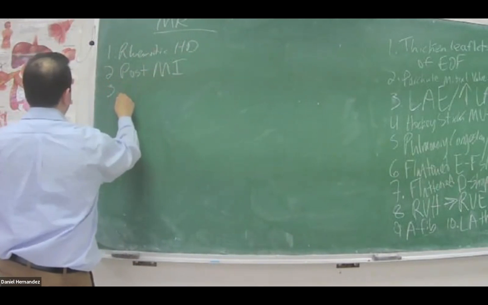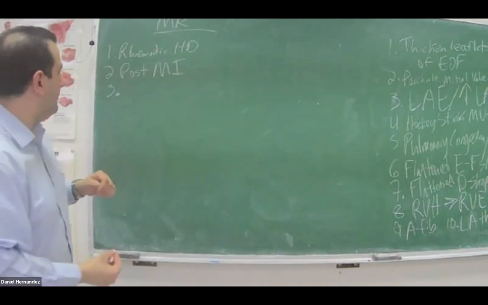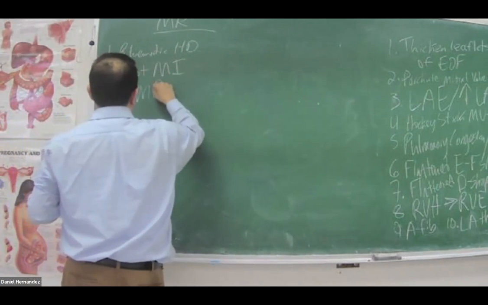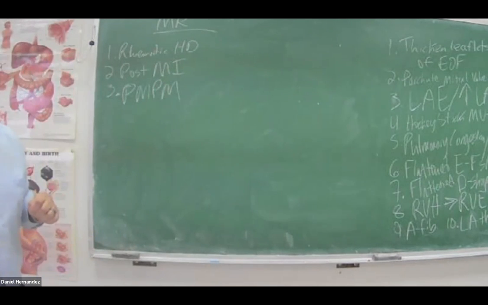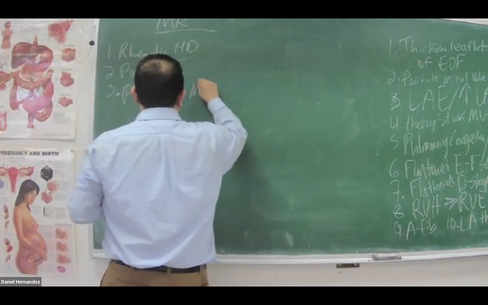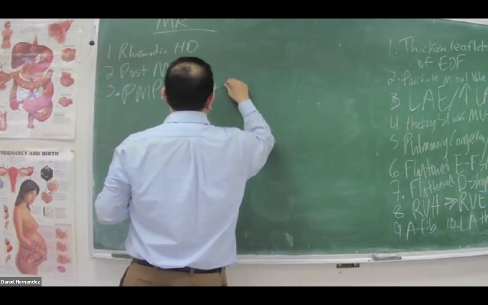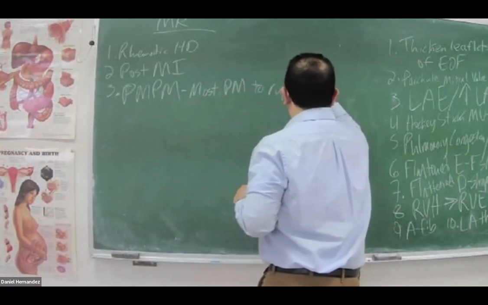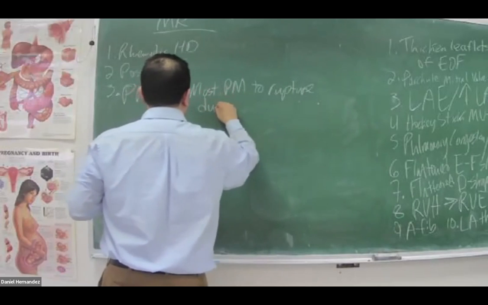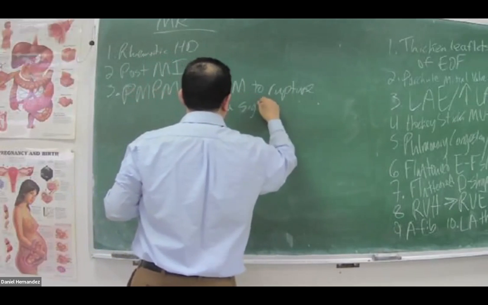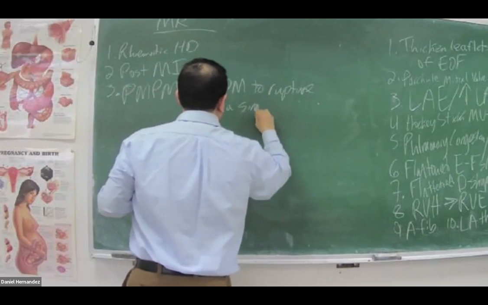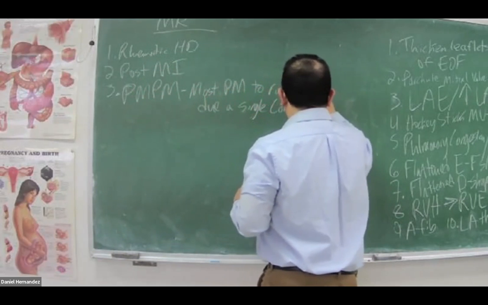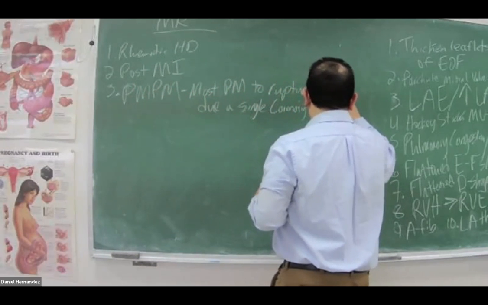So I'm going to put under here too, another important thing to remember is that the posterior medial papillary muscle, so PMPM, is the most likely papillary muscle to rupture. This is due to a single coronary artery blood supply.